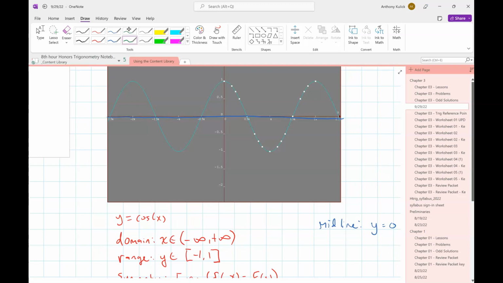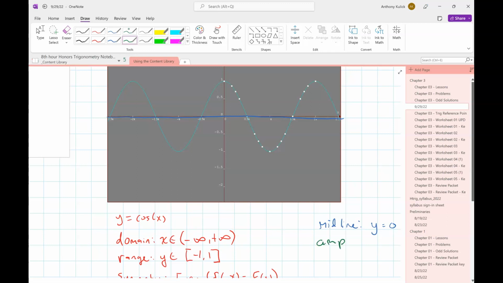You have to write y equals 0. The midline is an equation for a line, not a number. 0 is a number. Y equals 0 is the equation for a horizontal line. So just to let you know that I will be picky about that, because communication is important and you're clearly not communicating the right information if you just tell me it's a number and not the equation for a line. Okay? Just to be clear.